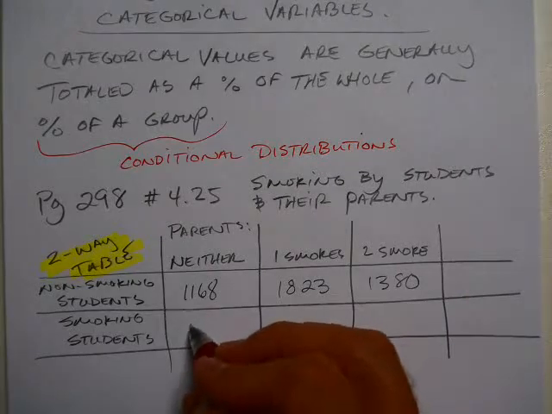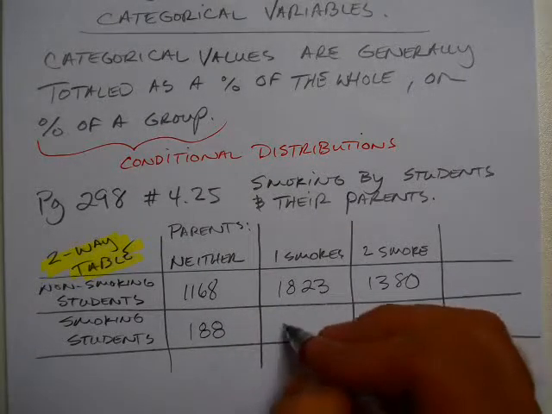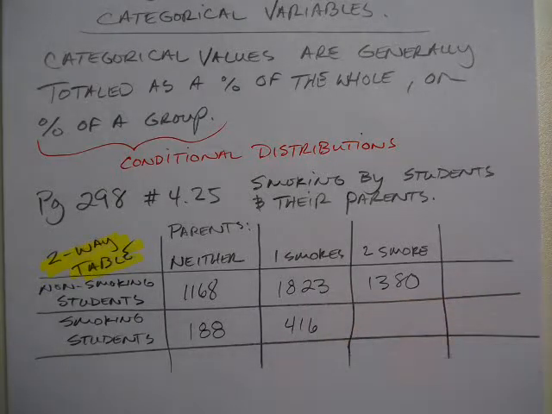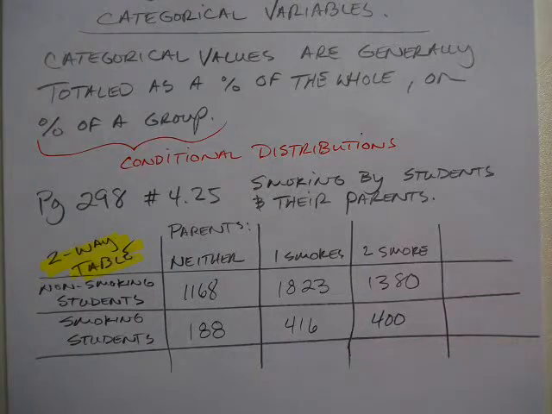For smoking students, 188 where their parents don't smoke, 416 where one parent smokes, and 400 where both parents smoke. So this is the data given in the problem.